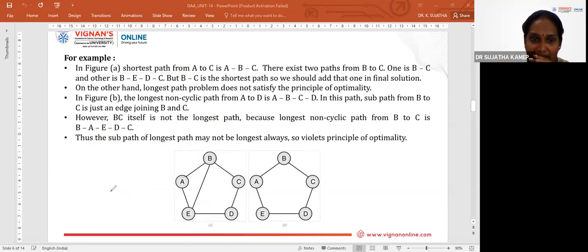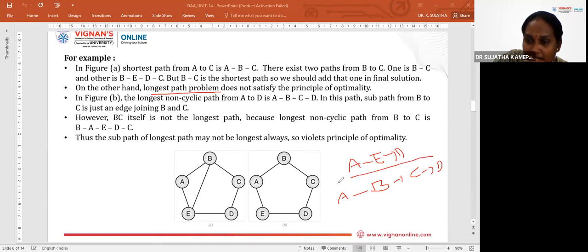But if I take the longest path problem, let us see. In figure B, I am going to take the path from A to D. What are the paths from A to D? One path is A to E, E to D. Another path is A to B, B to C, C to D. Out of these two, the second is obviously the longest path, considering each edge is 1 unit of distance.